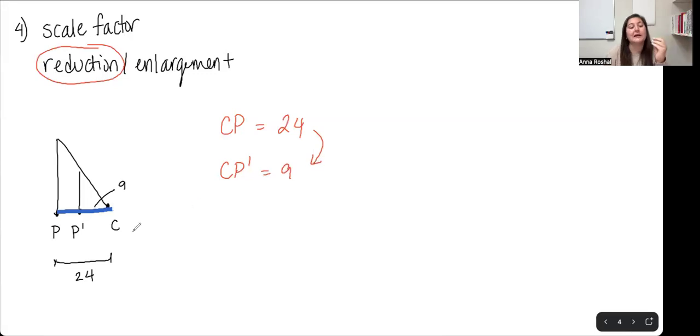I don't even know what this is. And so in this case, because it's a reduction, we're going to go 9 over 24 to find our scale factor. I would not accept this if this were left like this because I know both of these are divisible by 3.